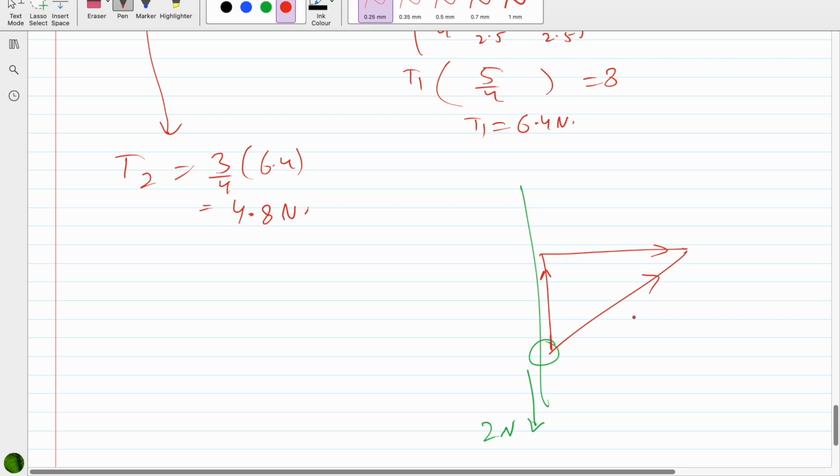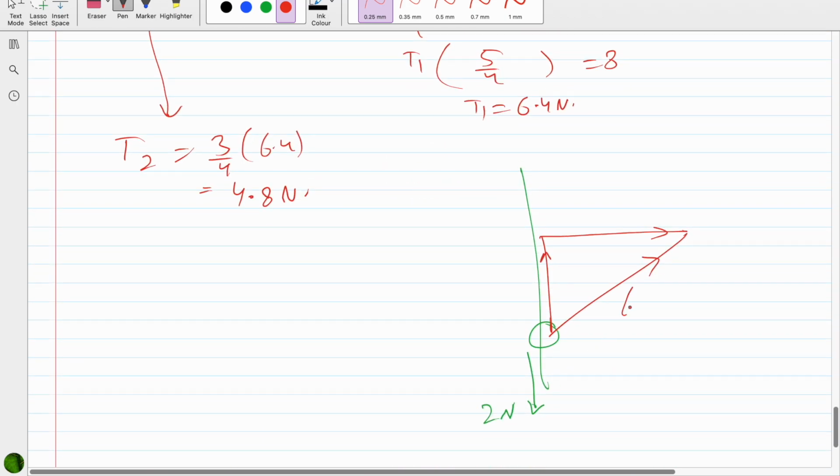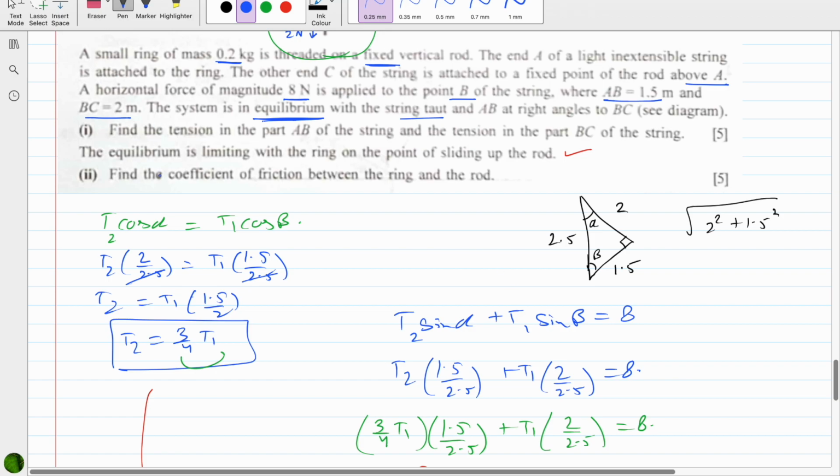We already know this was 6.4. This is beta. So 6.4 sine of beta and 6.4 cos of beta. Now when we are solving for friction, what do you suggest the direction of friction would be, up or down?